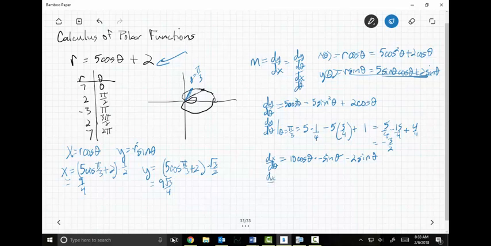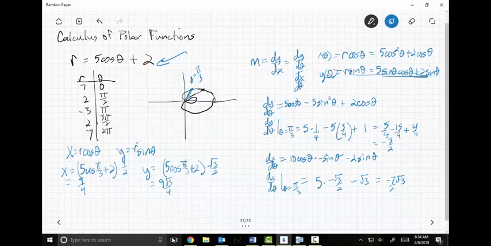So dx over d theta at theta equals π/3 is going to be 5 times negative root 3 over 2, minus root 3, because sine is root 3 over 2. So this is negative 5/2 root 3 minus 2/2 root 3, which is negative 7/2 root 3.